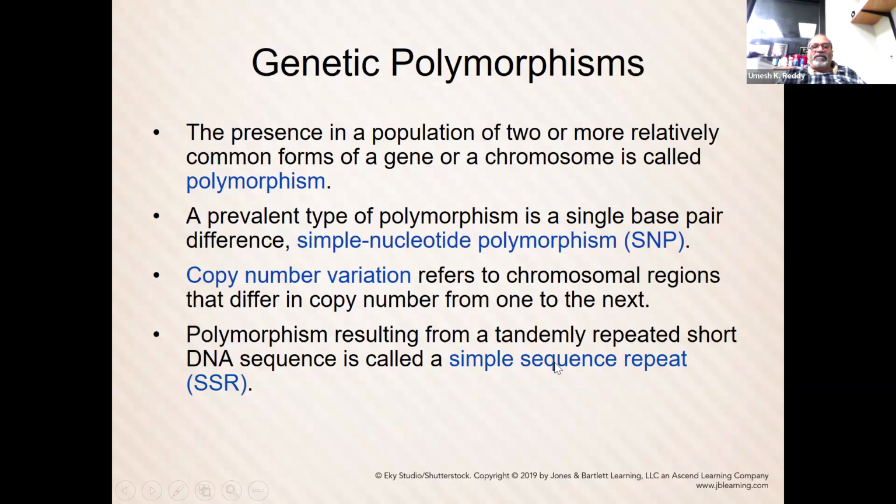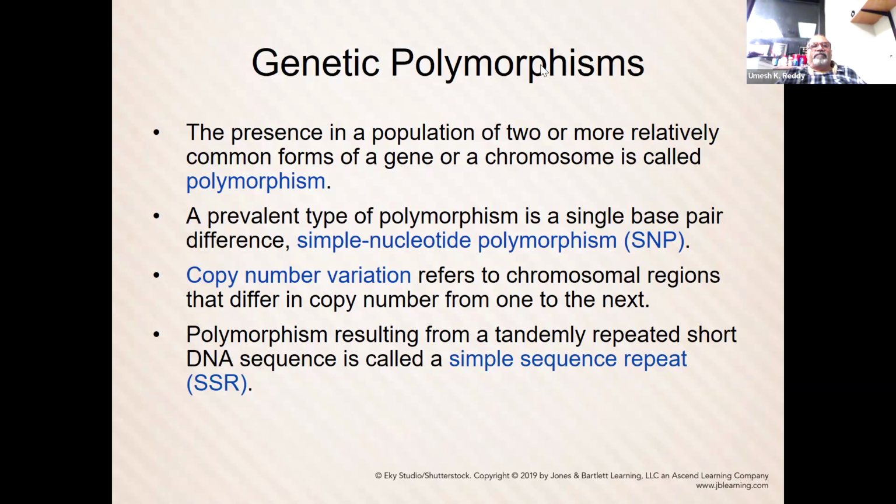Or just repeats, that is dinucleotide repeats. Dinucleotide in the sense two nucleotides at a time, say adenine and guanine, or cytosine and thymine, or thymine and adenine, or adenine and cytosine, any combination of two nucleotides repeated.